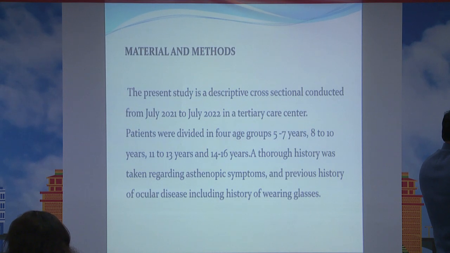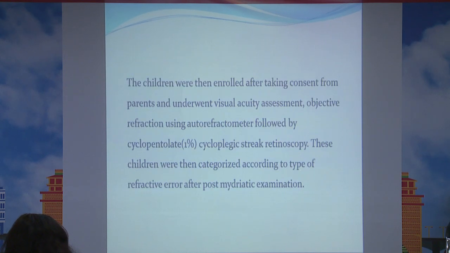The material and methods: the present study is descriptive cross-sectional, conducted from July 21 to July 22 in a tertiary care center. Patients were divided in 4 age groups, that is 5 to 7 years, 8 to 10 years, 11 to 13 years, 14 to 16 years. A thorough history was taken regarding asthenopic symptoms, previous history of ocular diseases, including history of wearing glasses.